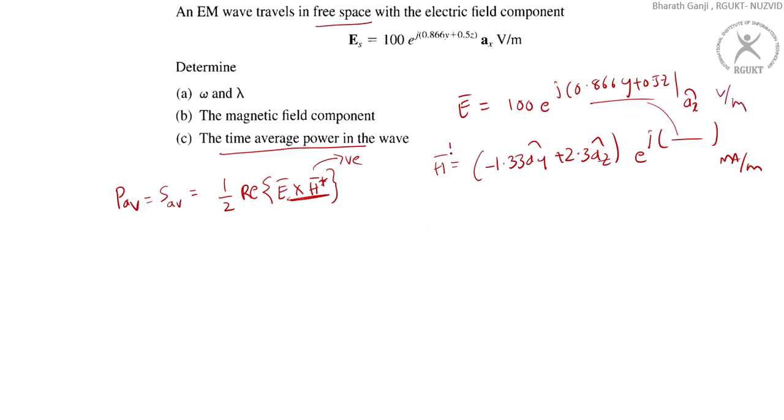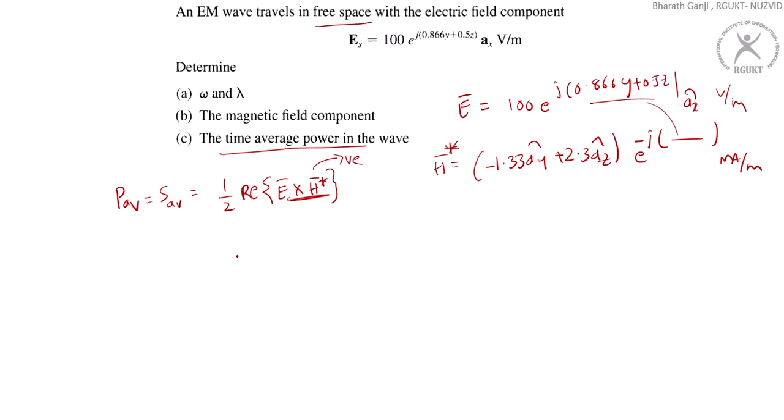So you have to take the conjugate of this. You can see when I take the conjugate, because these are all real numbers, simply j plus, you replace it with minus j. So when you put this and when you take the cross product, I guess you'll simply end up with half of those values.